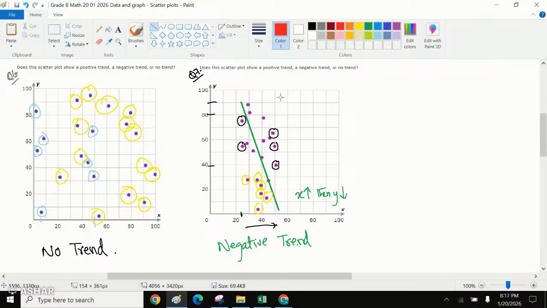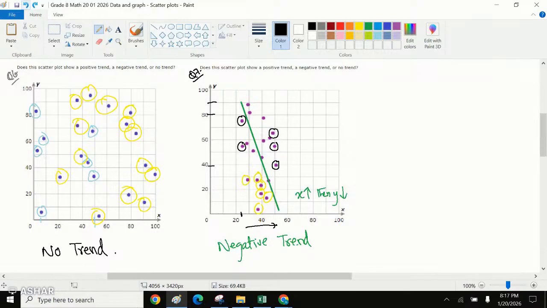It cannot be something like this because there are no dots over here. So if there are no points over here, that means this is not possible. Okay, I'll just erase what I did extra. So we need to see a line that has points very near it.